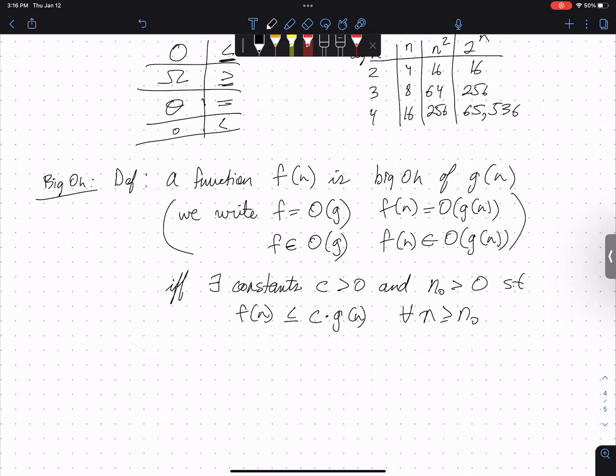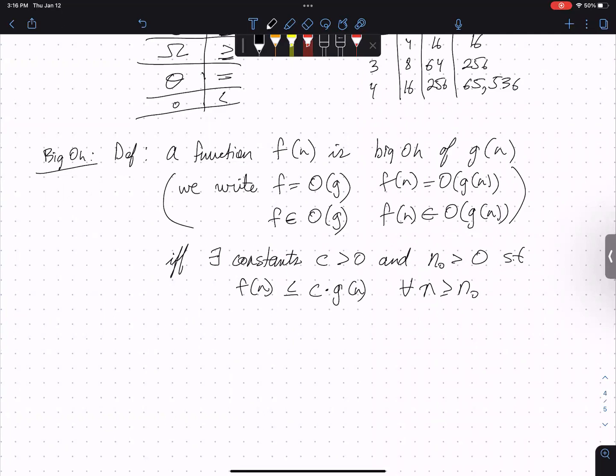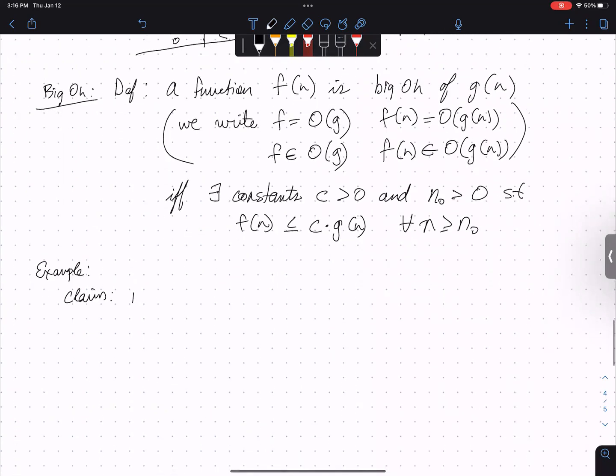So let's do, as a warm-up to understand this definition, an example. Claim: n is equal to big O of n squared.